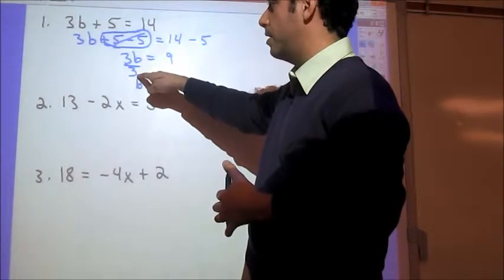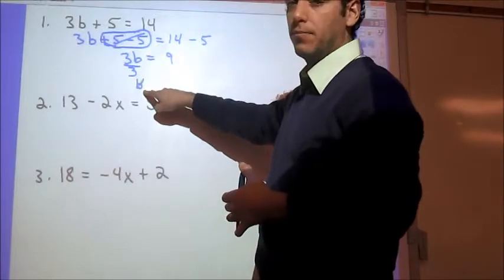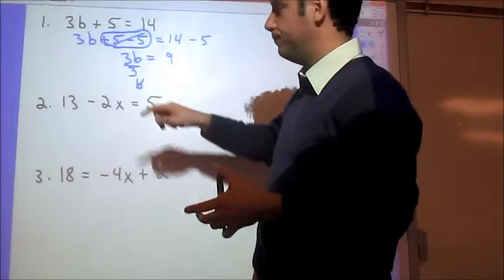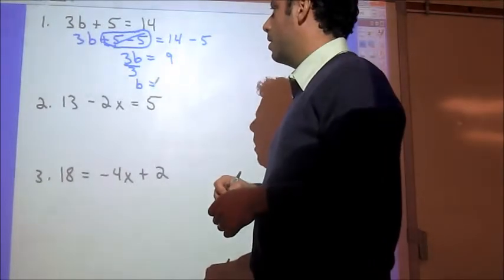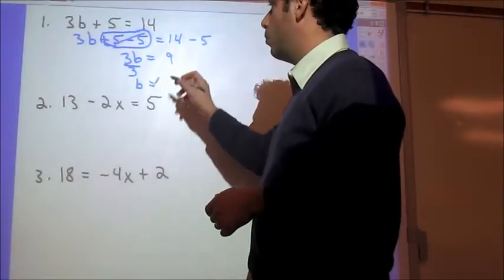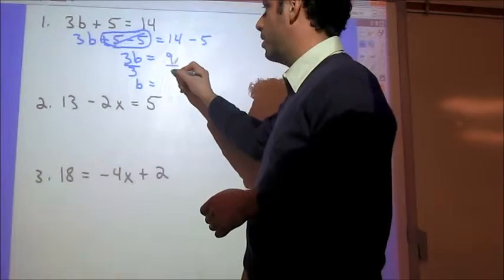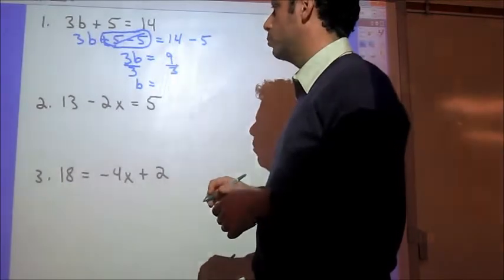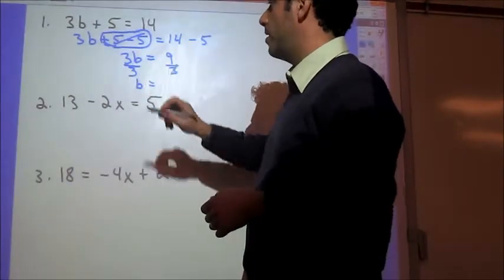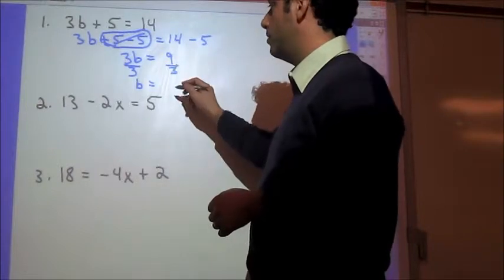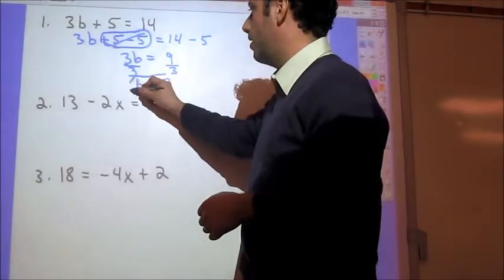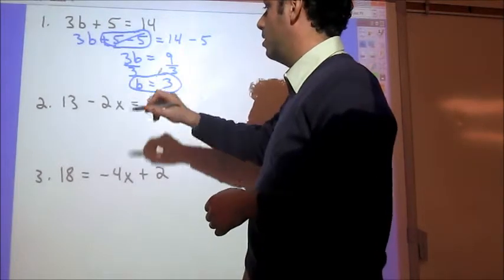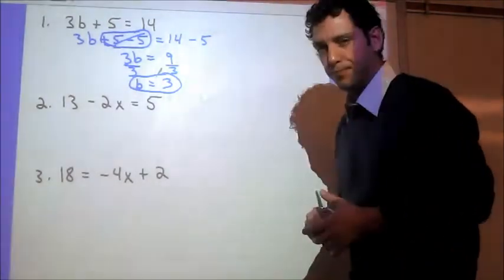So 3b divided by 3 is simply b, which is what we want to find out. What we do to one side, we have to do to the other, remember. That's the golden rule of algebra. So because we divided by 3 on this side, we have to divide on the other. 9 divided by 3 is 3, and we have b is equal to 3 as an answer.